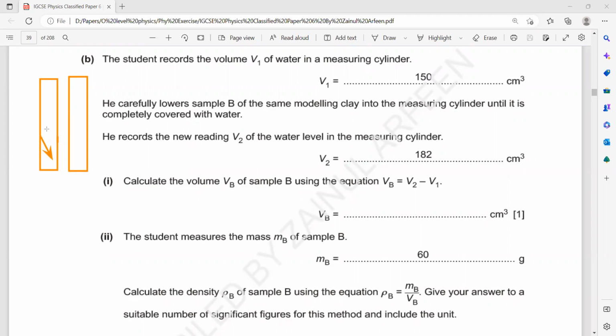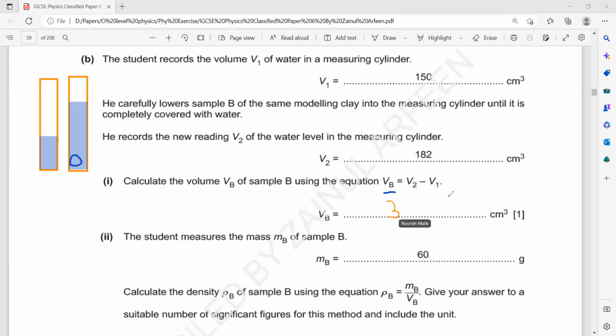So first there's the volume of the liquid, and then the volume of the liquid plus the modeling clay, and then takes the difference to get the volume of the modeling clay.